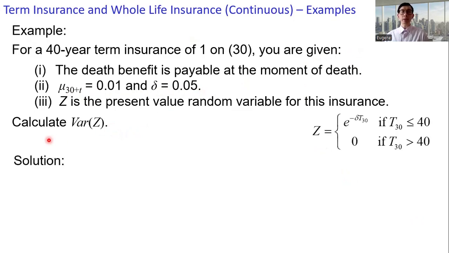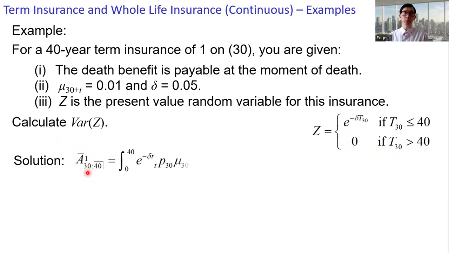All right, we can write out the PMF of Z. If T_30 is less than or equal to 40, the present value of the death benefit is e to the power minus delta T_30. If T_30 is greater than 40, then the insurer pays nothing, Z equals 0. The notation for this insurance, we have A bar, and then 30 colon angle 40 with the 1 above 30.